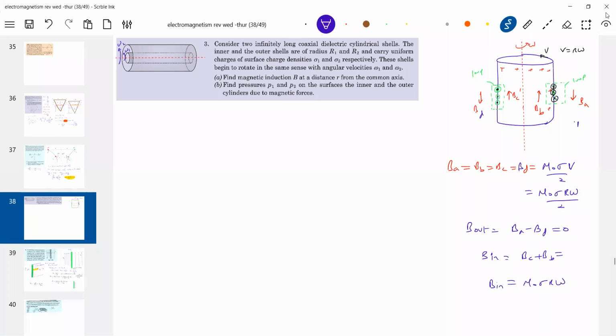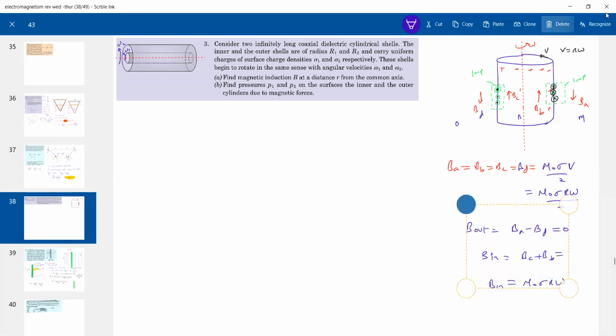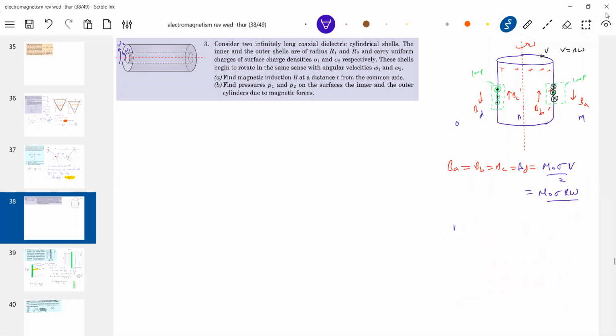So I have to bring points here. What shall we use? Points M, N, O. I'll put it in order. Field at M, O will contribute. Go back to electrostatics, similar to this one.